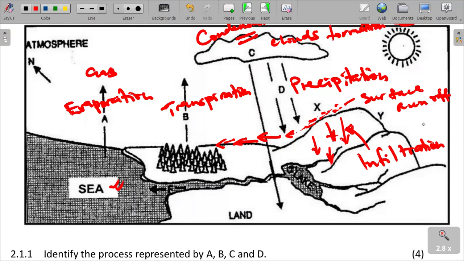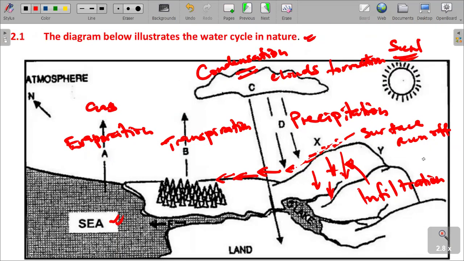Infiltration forms groundwater, which can also cause groundwater flow. We can also talk about other additional processes, which we can look at in a later stage. So this is the water cycle.